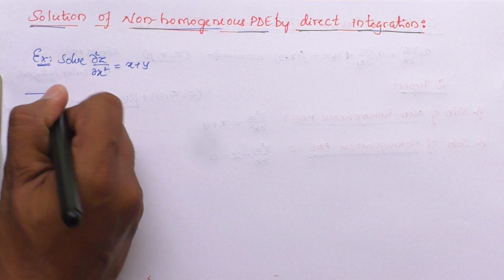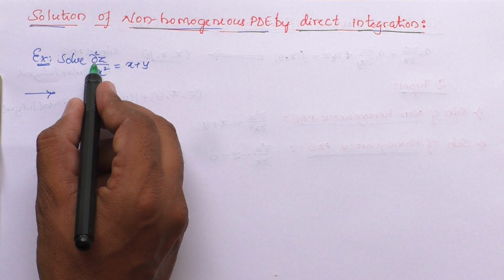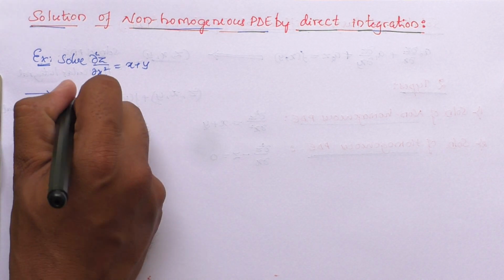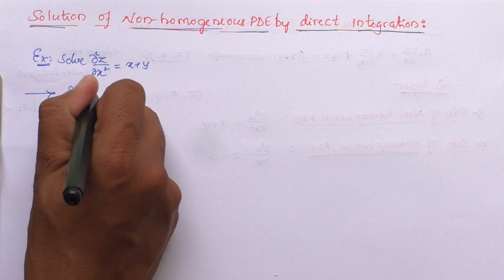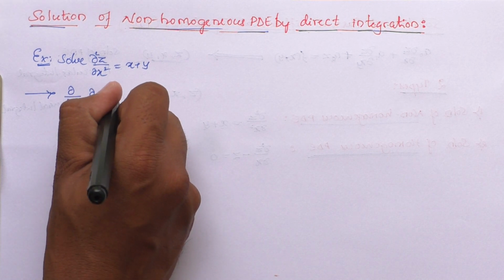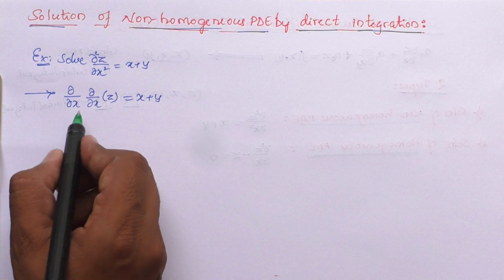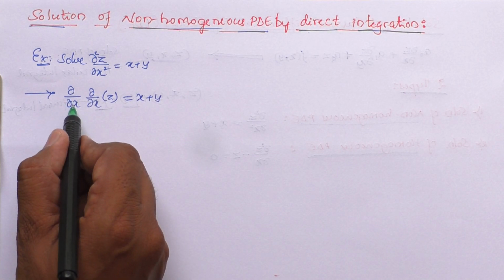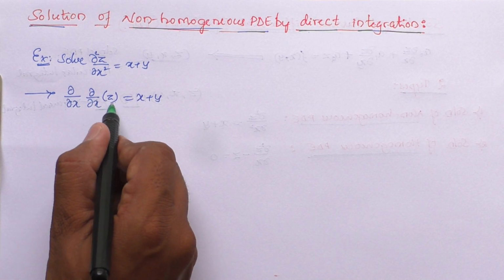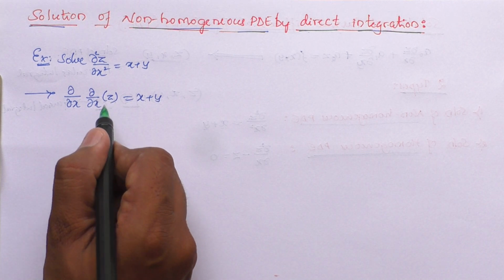Now if you look at the partial derivatives, it can be written as ∂/∂x of ∂z/∂x equal to x + y. Here the differential operators are with respect to x, and these two are operated on z.